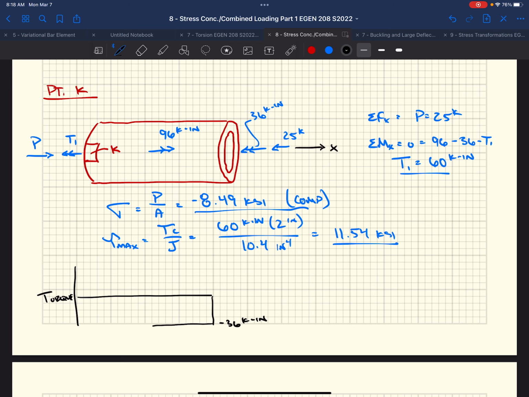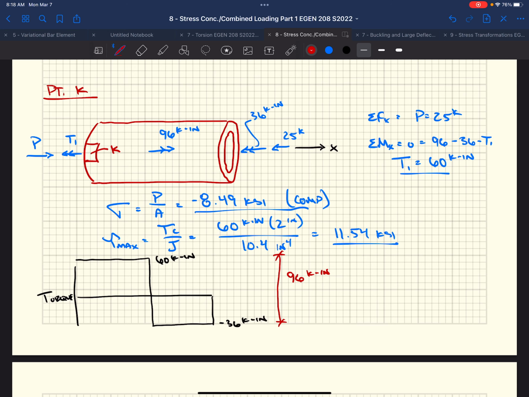And then we're going to add to it 96 kip inches that are in the positive direction. So it's got to first overcome the negative 36. Right? So it grows. So the total from here to here is 96 kip inches. But what the shaft actually sees is either 36 kip inches or 60 kip inches because we're changing direction on the torque in the shaft.